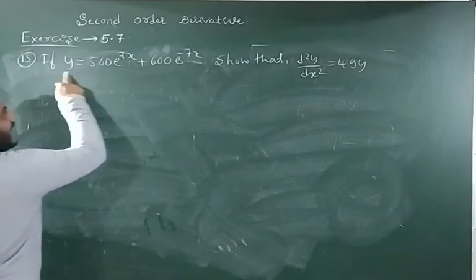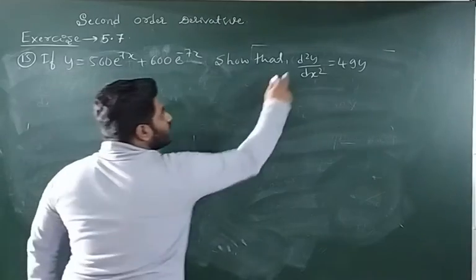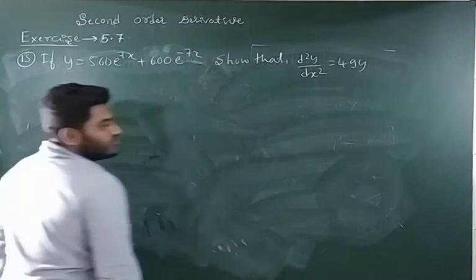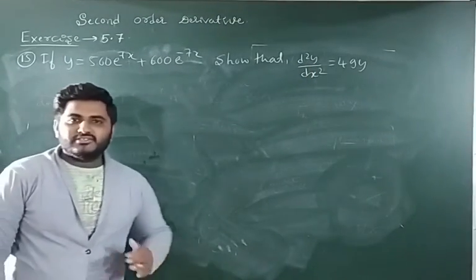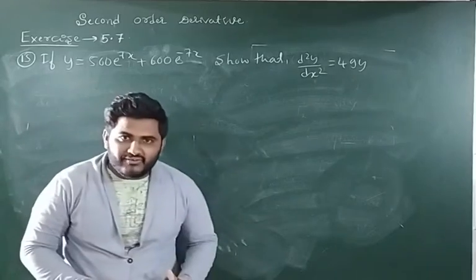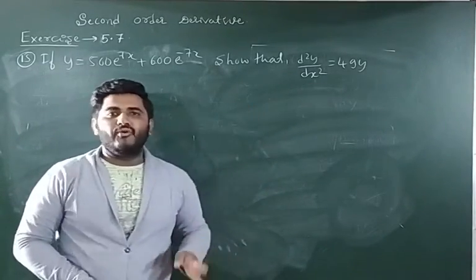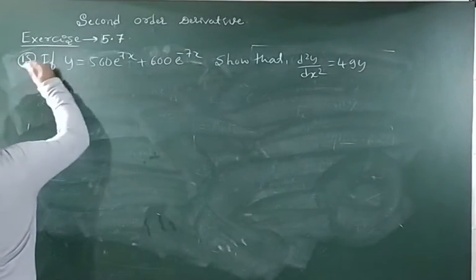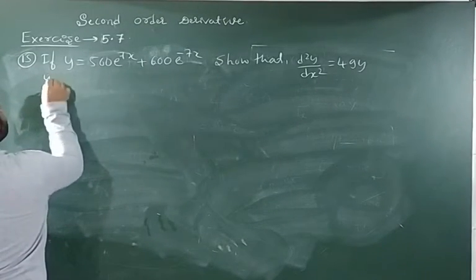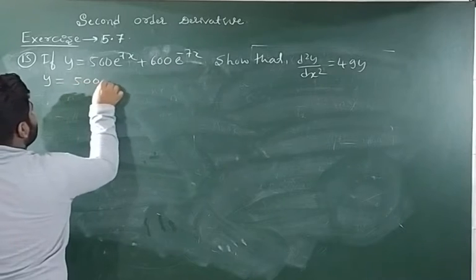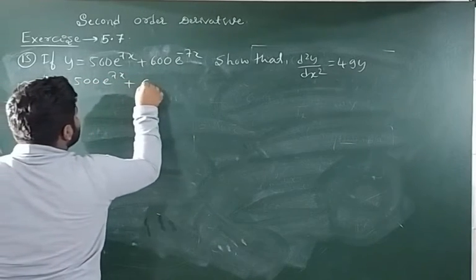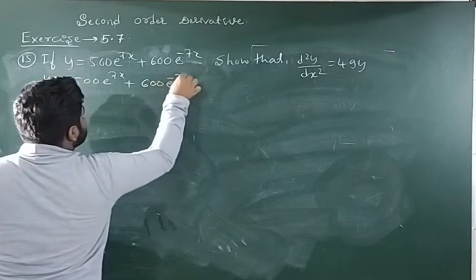What are we given? We are given y. Then we have to show that d square y by dx square is equal to 49y. That means we have to find the first order derivative, then the second order derivative, then show that it is equal to 49y. Here y is given: y is equal to 500 e raised to 7x plus 600 e raised to minus 7x.